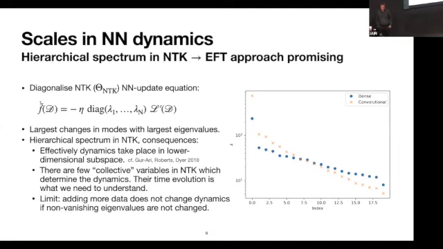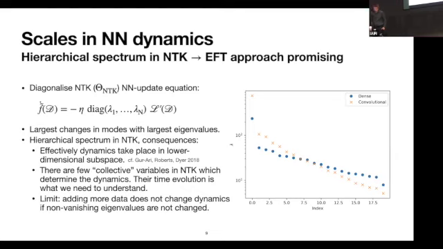One thing you can look at is the spectrum of this object. I'm showing this on the right-hand side for some simple dense and convolutional neural networks. You see certain hierarchical properties: one very large eigenvalue, and then suppression of the additional eigenvalues.